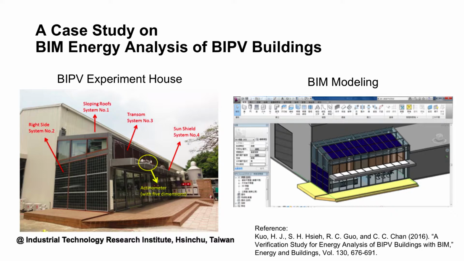The BIPV experiment house installs 4 types of BIPV systems and has 5 thermometers to record solar radiation. Its monitoring and demonstrating system includes monitoring of PV module electricity production, cooling loading, energy saving, and environment control.